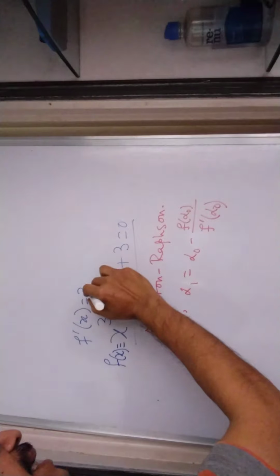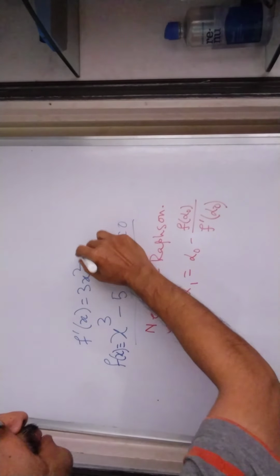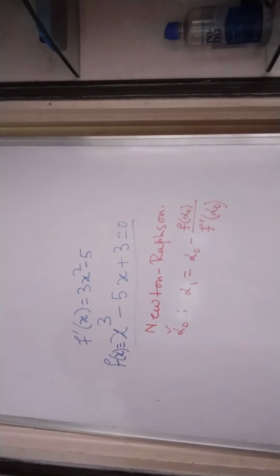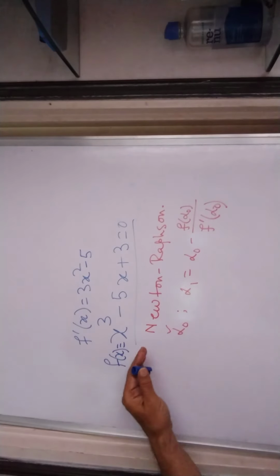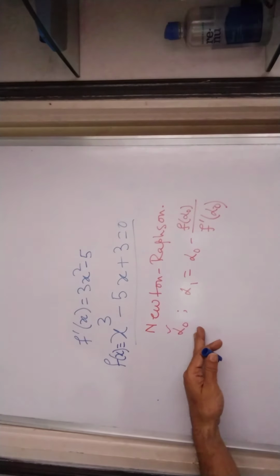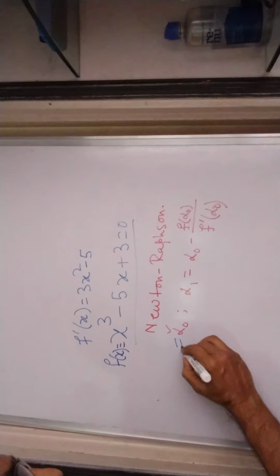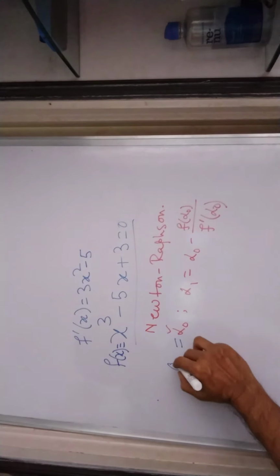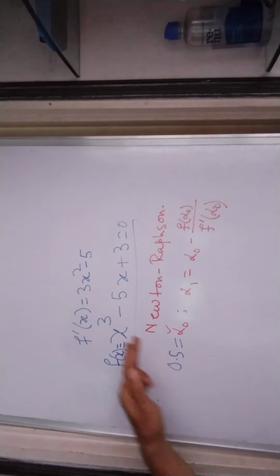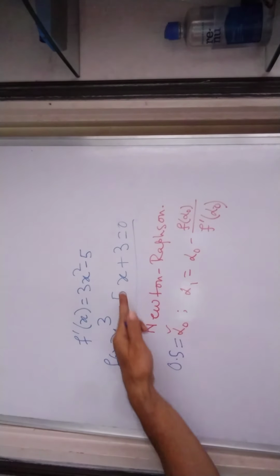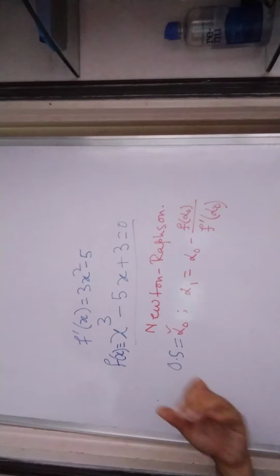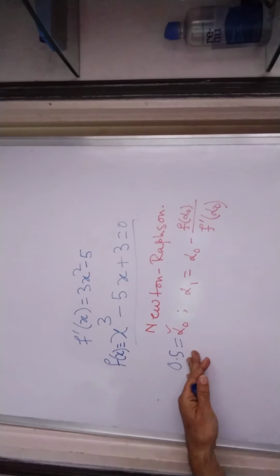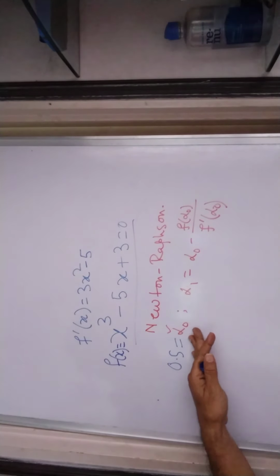It is 3x square minus 5. What is the initial approximation? Let us choose the initial approximation as 0.5. We can easily take it as 0.5 because f0 is positive and f1 is negative. So, the root lies between 0 and 1, and we take 0.5 to be the initial approximation.